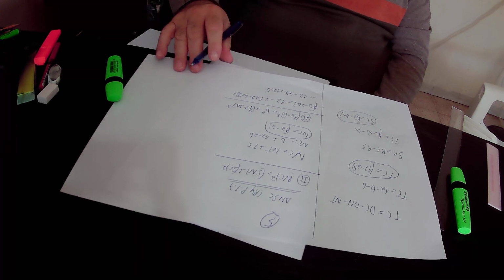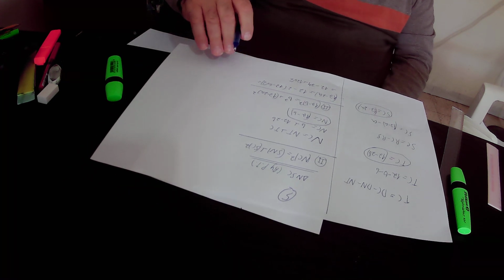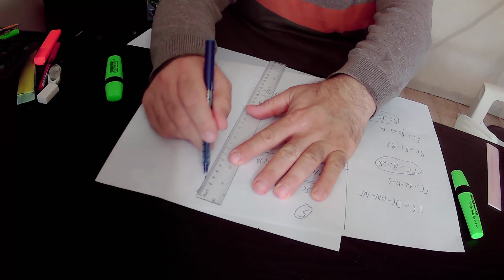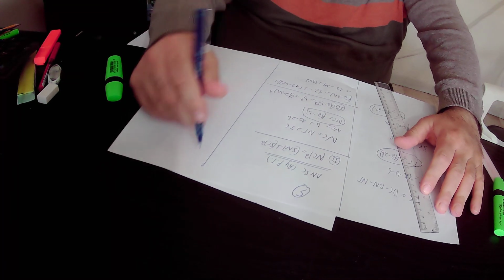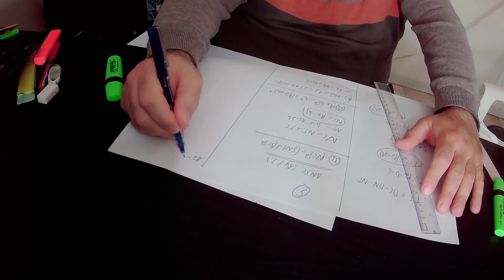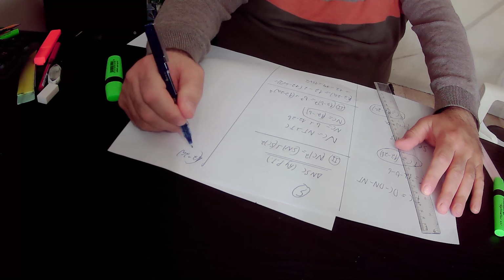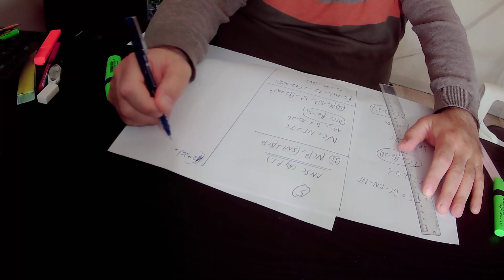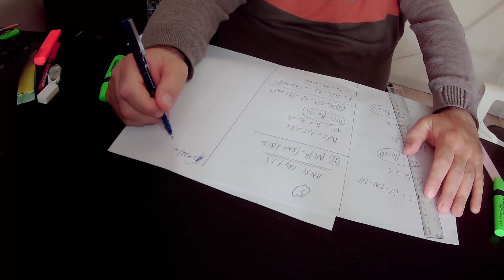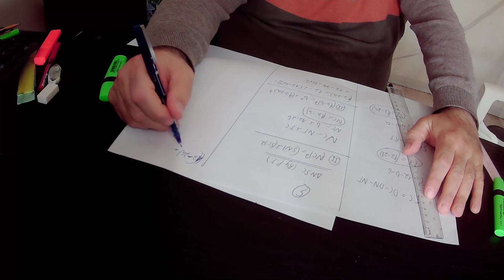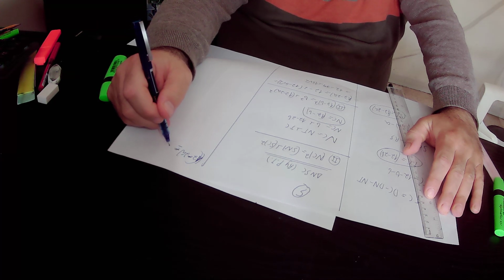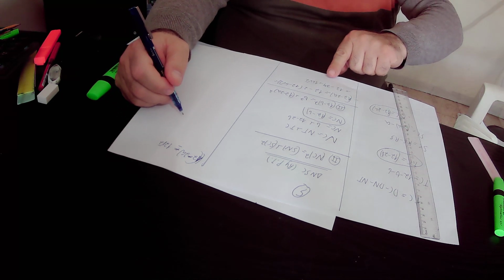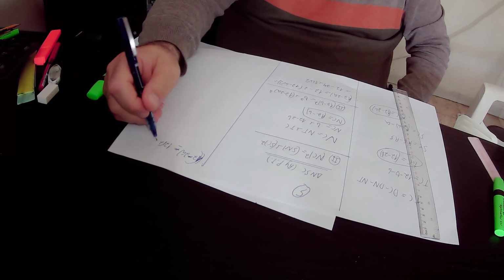So in conclusion, we find out that 12 minus 2a equals 12 times square root of 2, and 12 minus 24 is minus 12.